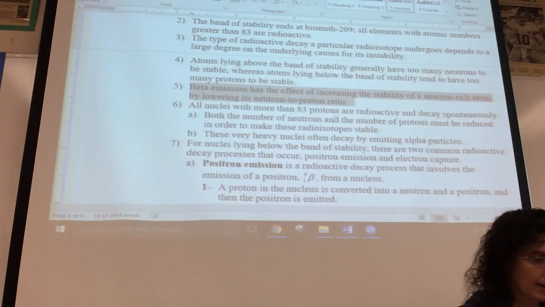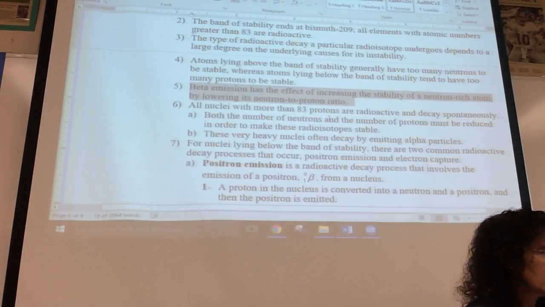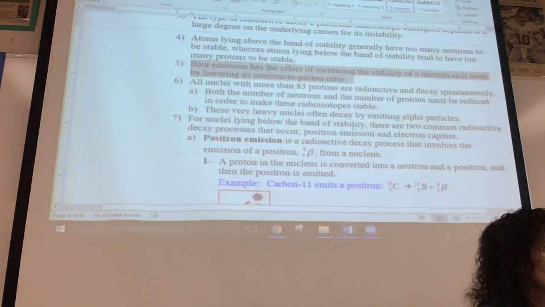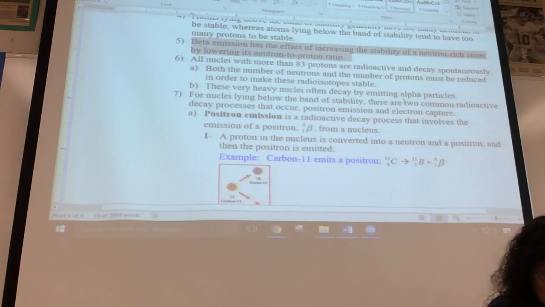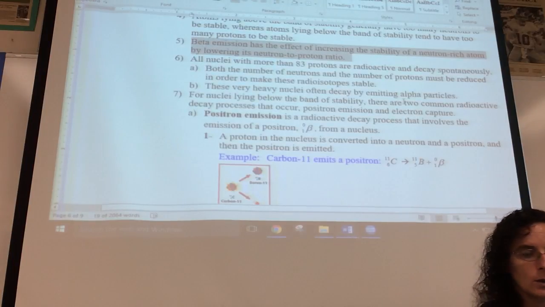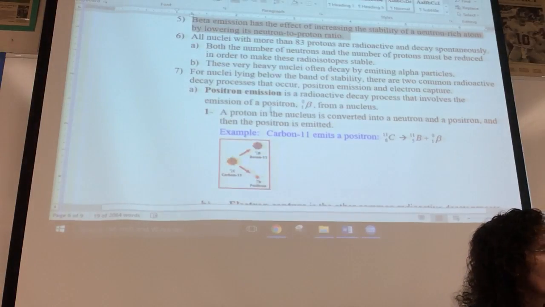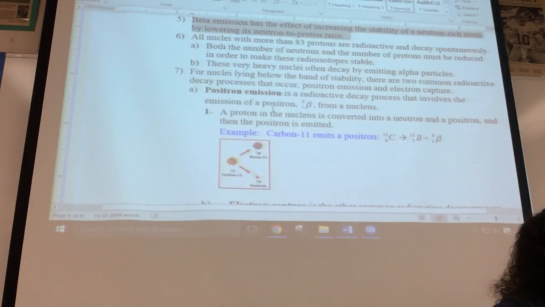And we said that elements here are going to be radioactive, and you need to reduce both neutrons and protons there. Typically you see alpha particle emission because that has the ability to reduce both. But there are other types of common radioactive decay processes that we haven't talked about yet.